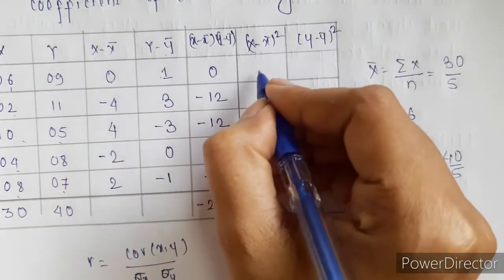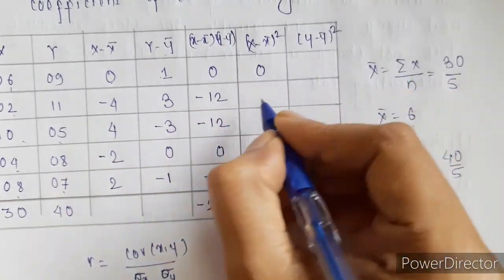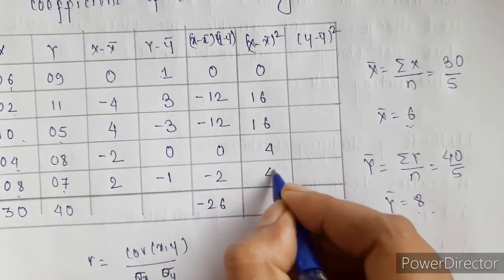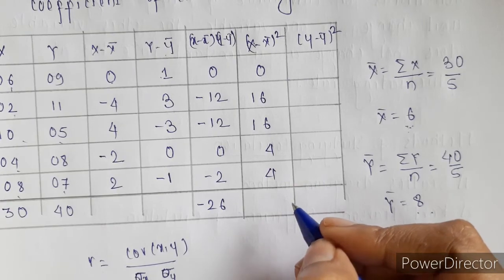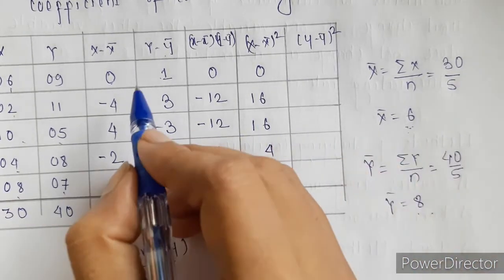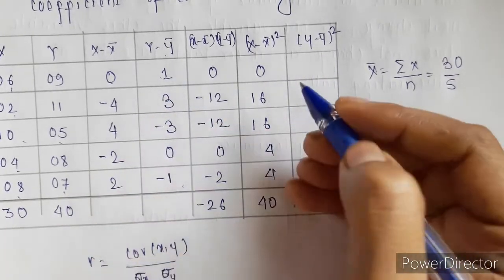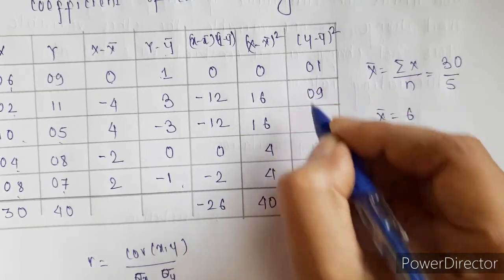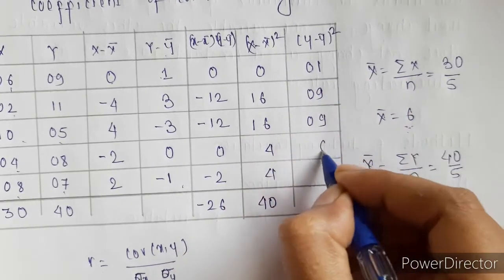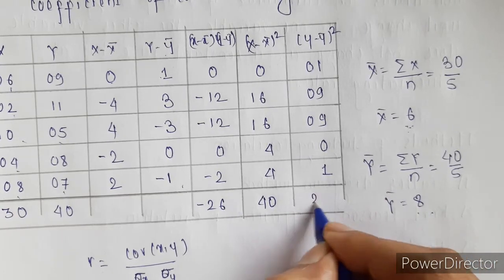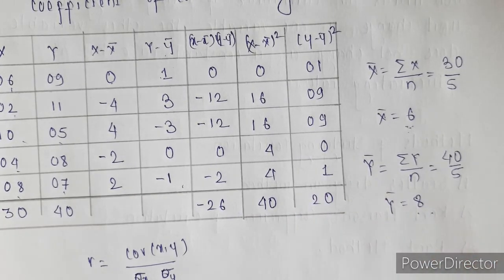The squares of deviation for x will be 0, 16, 16, 4 and 4. So the total here is nothing but 40. Next, squares of y minus y bar: 1, 9, 9, 0 and 1. So here we are getting 20.